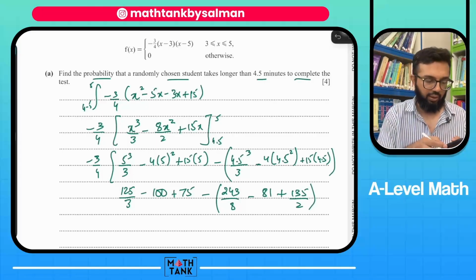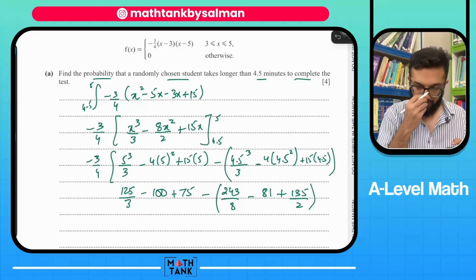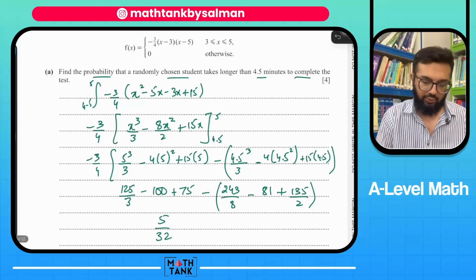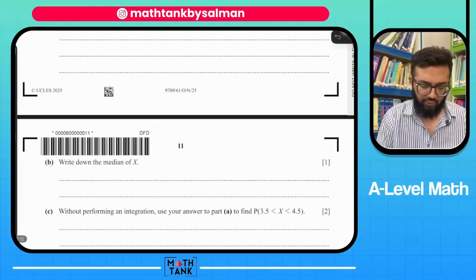Okay, so I'm now going to type everything on my calculator as it is, because I've already shown you a lot of working. Minus 3 divided by 4. So I'm getting 5 over 32. I don't know if that's the correct answer. Yes, that is the correct answer. That is as much working as you need to show.